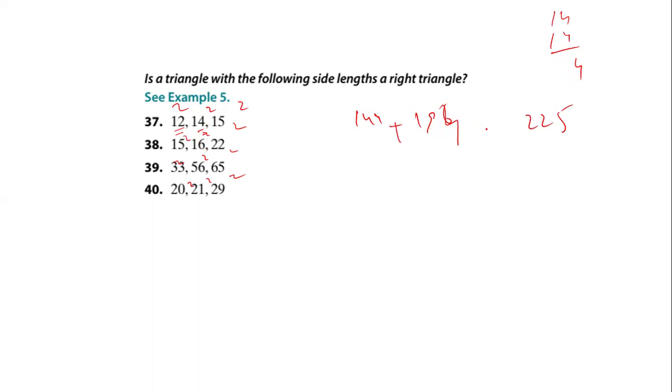If you add these two, you are not getting that one. If you add these two, you are not getting this one. So the sum of the squares of two sides must be equal to the square of the third one. The triangle that satisfies this property is a right angle triangle.